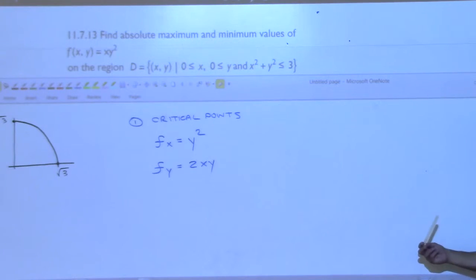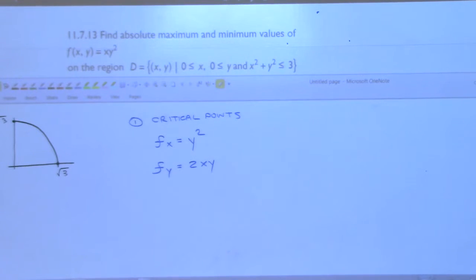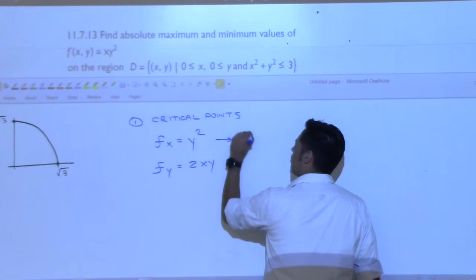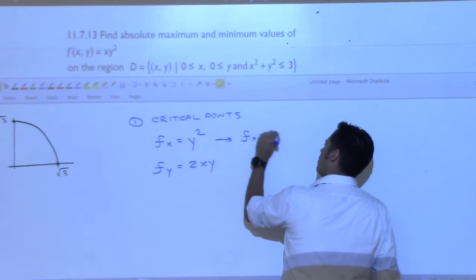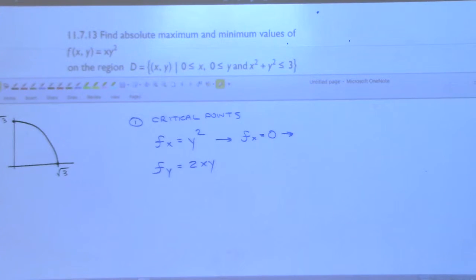Oh, there you go. Okay, what now, Christopher? You set them equal to 0. That's right. You set these equal to 0, and this should be pretty straightforward for us, right? Set that equal to 0. What's the only solution we get here from the first one?